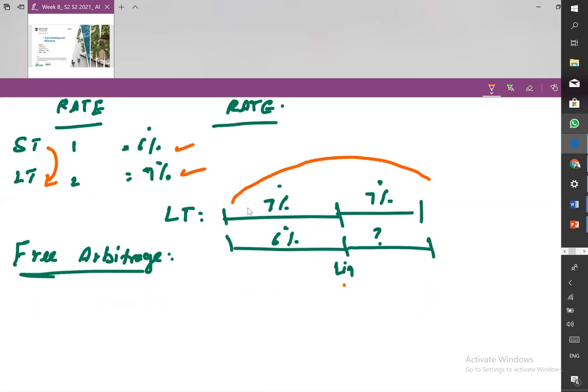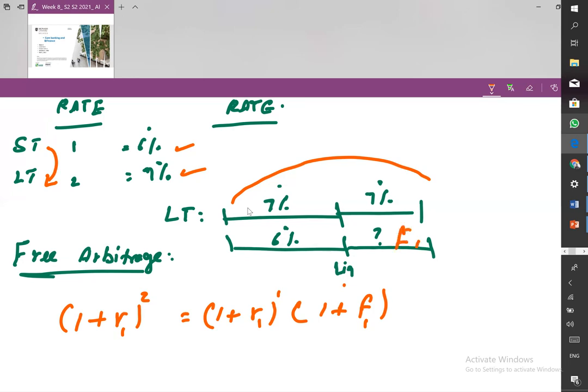And therefore, the spot of long term, which is 1 plus R2 for 2 years, equals 1 plus R1 for the first year, times 1 plus the forward rate, the forward year 1, which is this one.